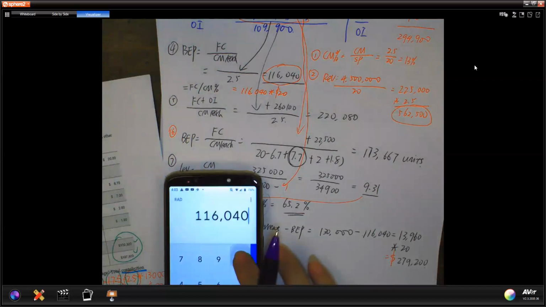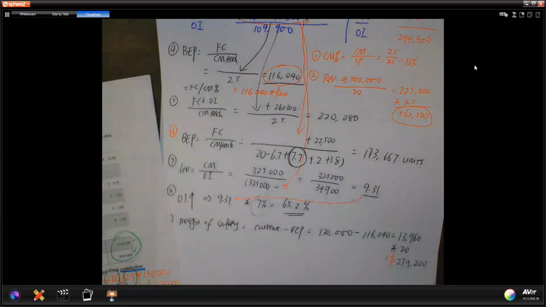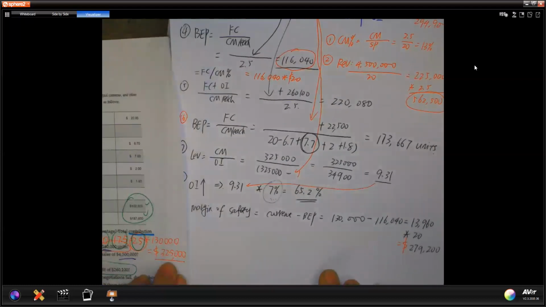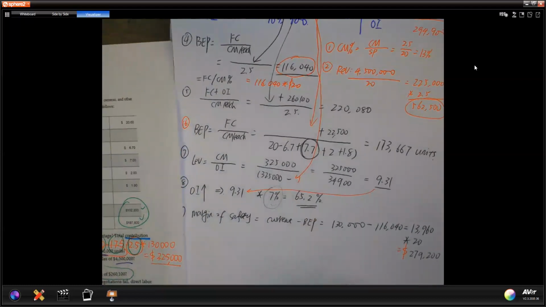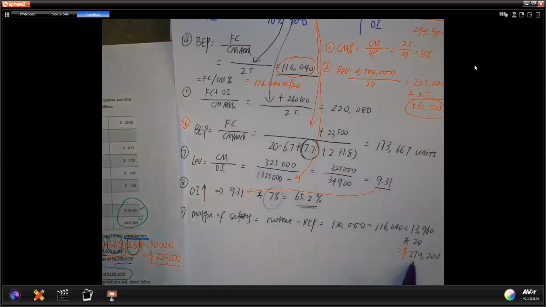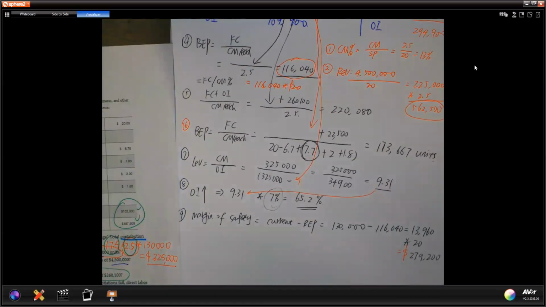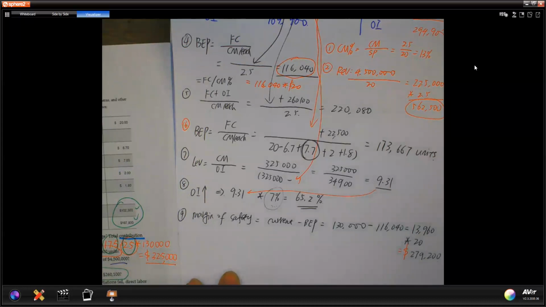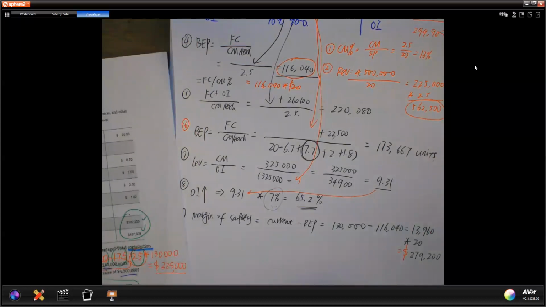Okay, so this is how you got a margin of safety. Sorry about this, it's just the rounding. If you calculate from the dollar amount directly, it's a difference. I was checking why the difference is kind of large.